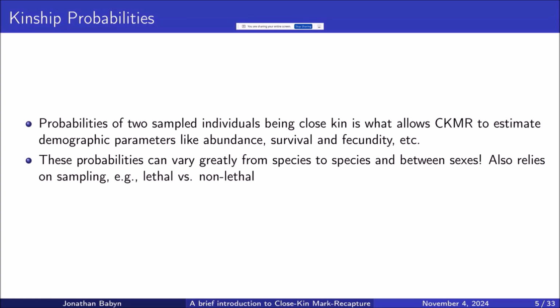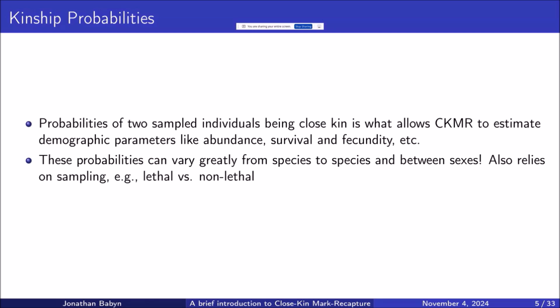In traditional Mark-Recapture, the main thing that allows us to estimate things like abundance is the probability of recapturing a marked individual. In CKMR, it's the probability of 2 sampled individuals being close kin, and that's what allows us to estimate demographic parameters like abundance, survival, and fecundity, etc. So even though the name says mark-recapture, there's not really any recapturing going on.